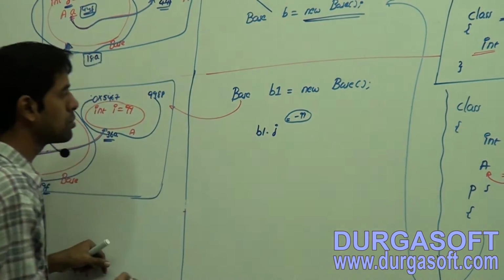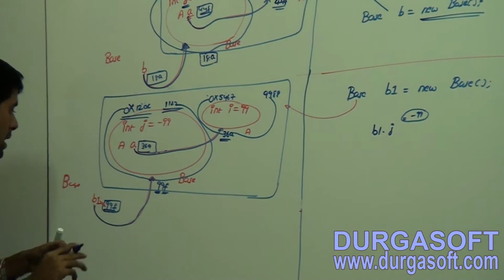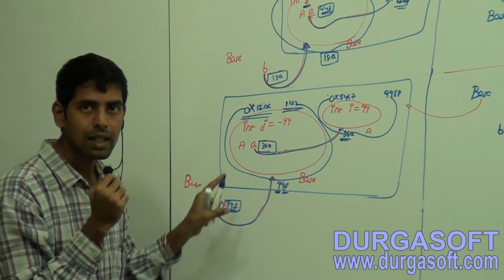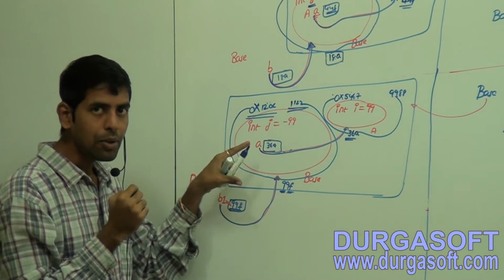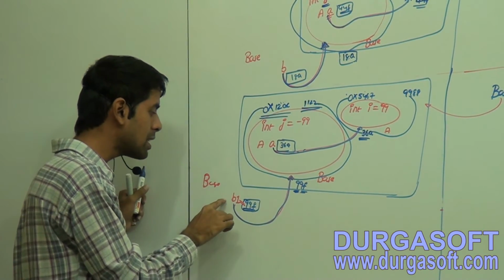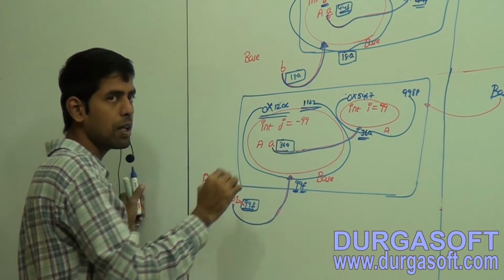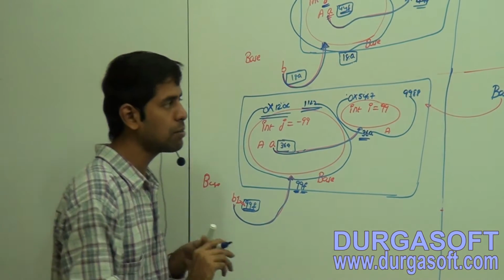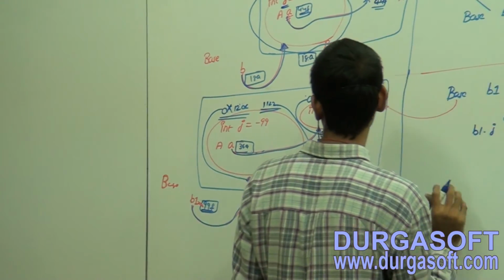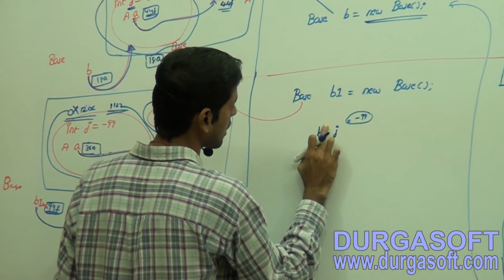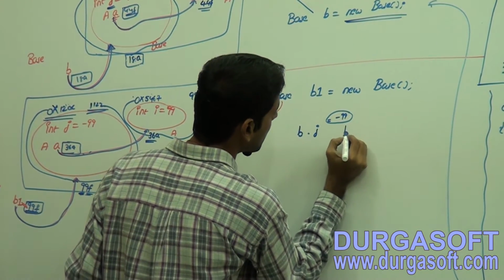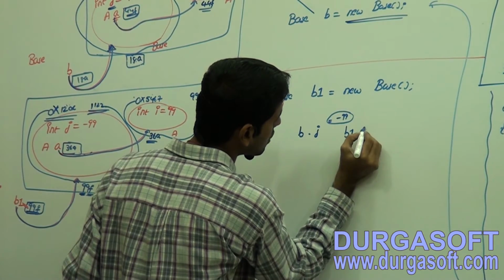Now I want to access this other variable value also. How to access the b1 object's j variable value? b1 dot j. Sorry guys, this one is b dot j, and that one is b1 dot j.